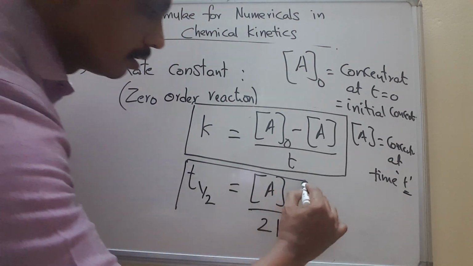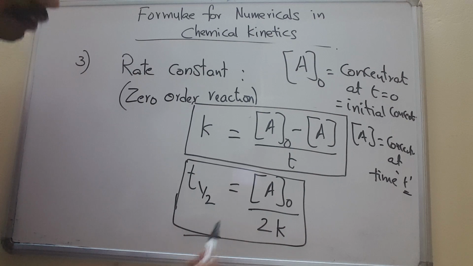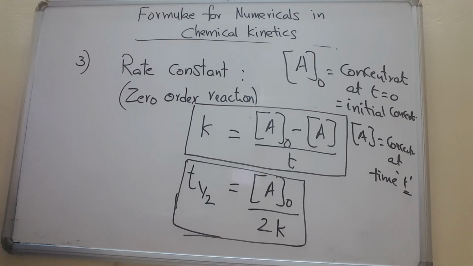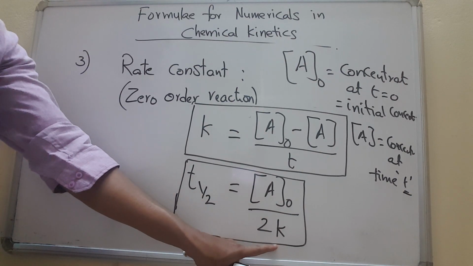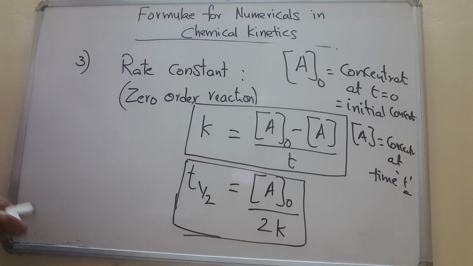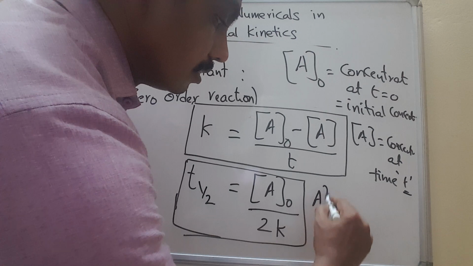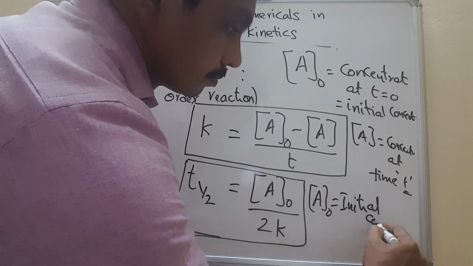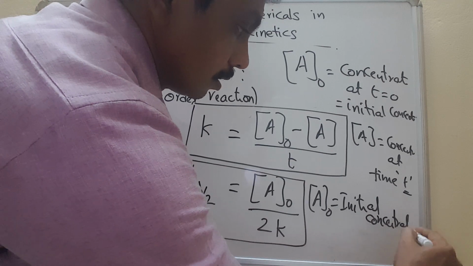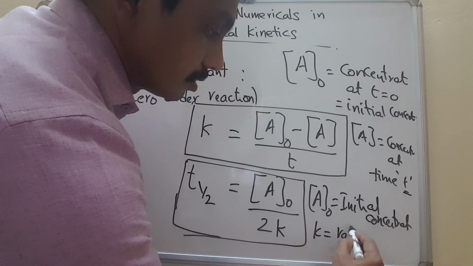Here A naught is the initial concentration and k is the rate constant.